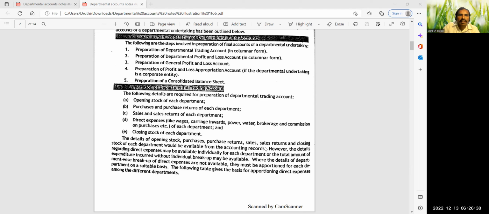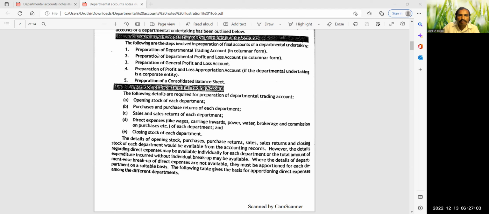So you need to follow the 5 important steps as the display is showing to you. The following are the steps involved in preparation of final accounts of departmental undertaking. See the cursor movement, you could witness the 5 important steps.